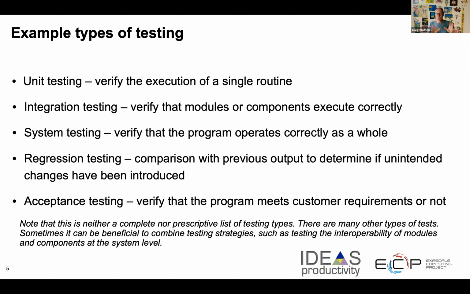This is just a very small subset of all the different kinds of tests, but these are many of the types of tests that people would use in their software engineering practices. And so it's a good set of tests to know about.